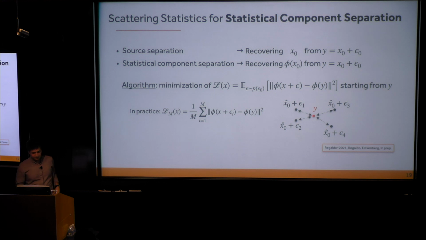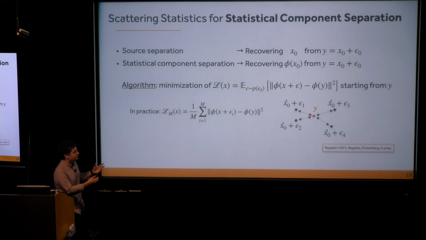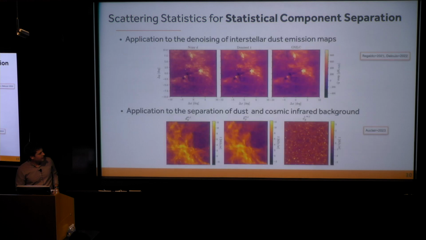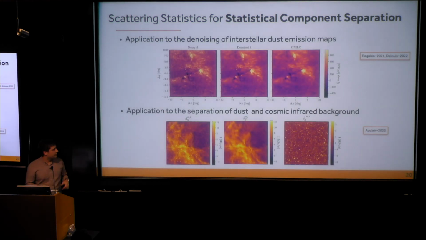We used that on astrophysical data a couple of years ago, and we have spent some time with Michael Kuenberg to better understand the mathematical properties of this algorithm, recently in a paper that will be out soon.